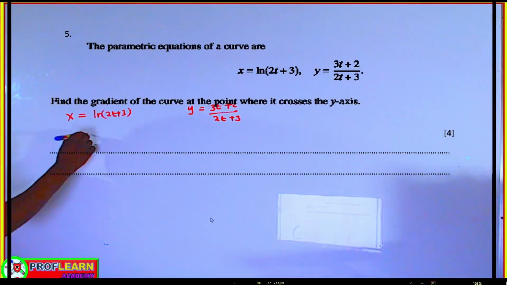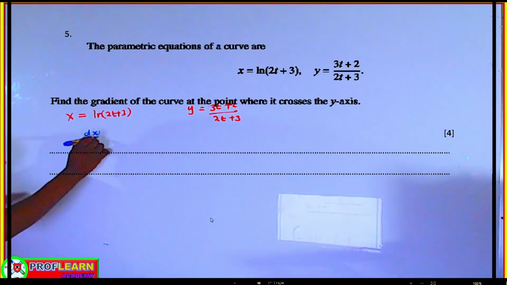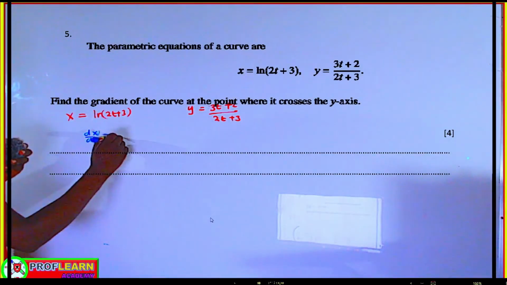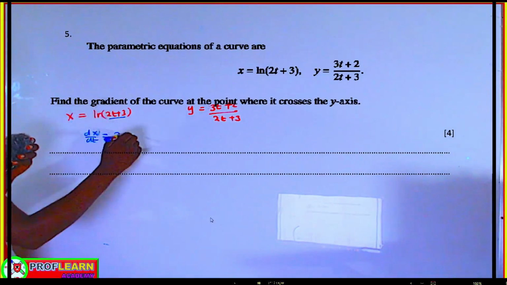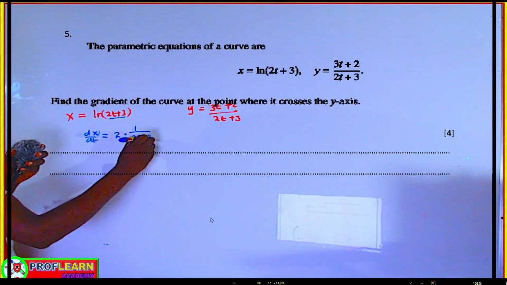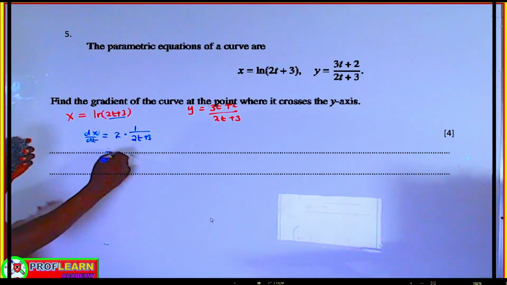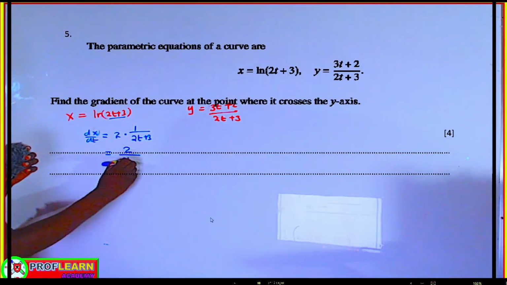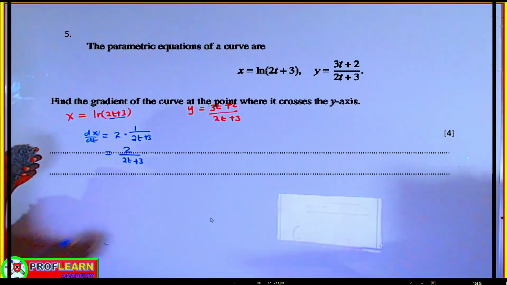So dx dt is going to be equal to, differentiating the inside, 2 times, differentiating ln, 1 over 2t plus 3. And finally, our final answer becomes 2 over 2t plus 3.